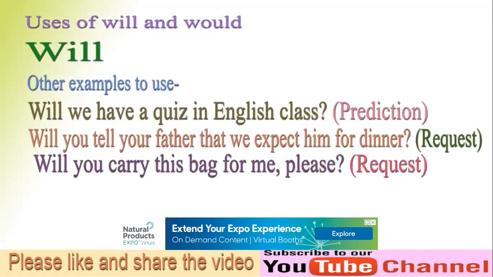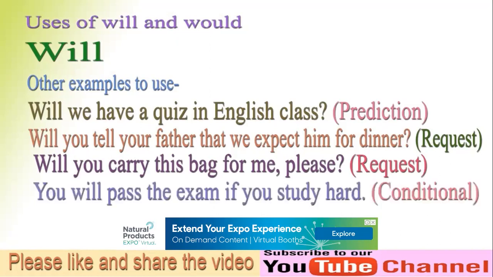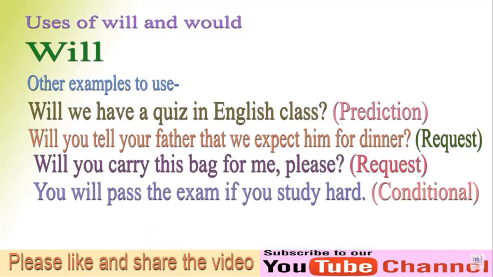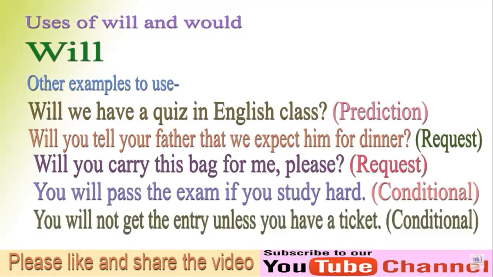Another example that shows request. You will pass the exam if you study hard. This example expressed the condition. You will not get the entry unless you have a ticket. Another example that shows condition.